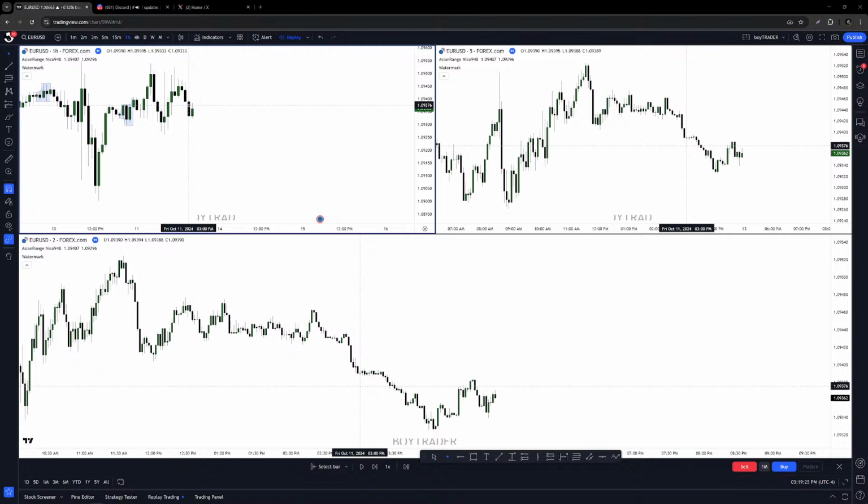I know some of you are familiar with that. I'm not here to teach. I'm just here to back test so that we can see what moves we missed and what moves we did not miss.